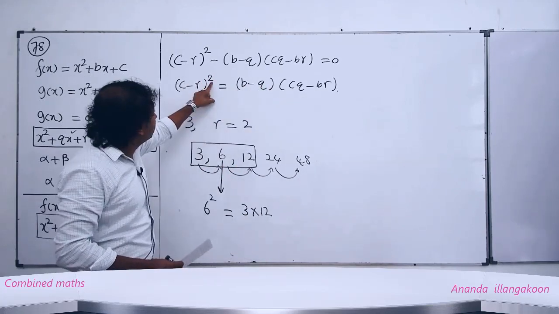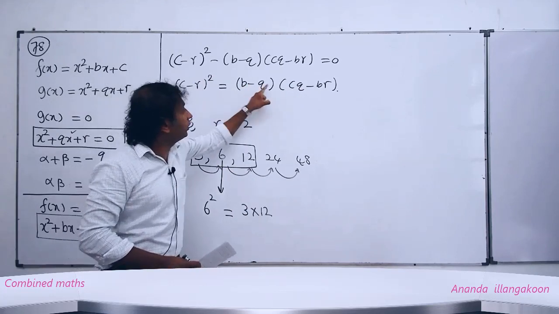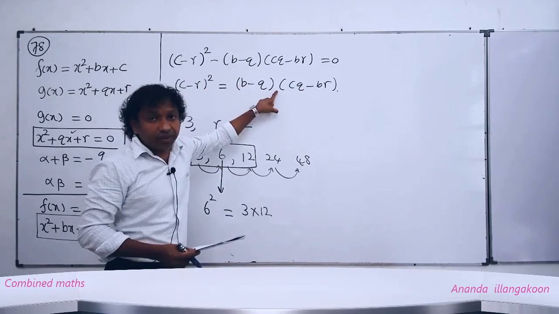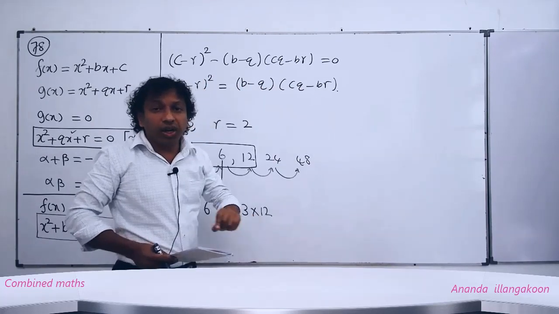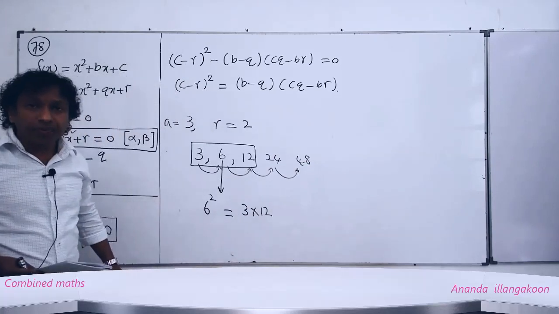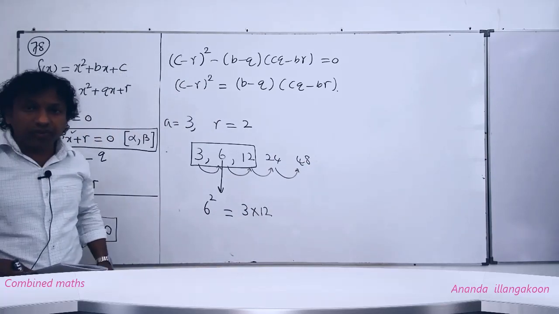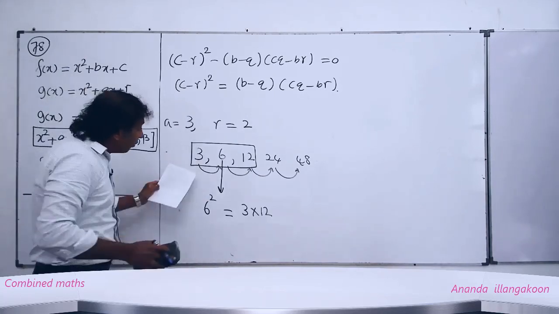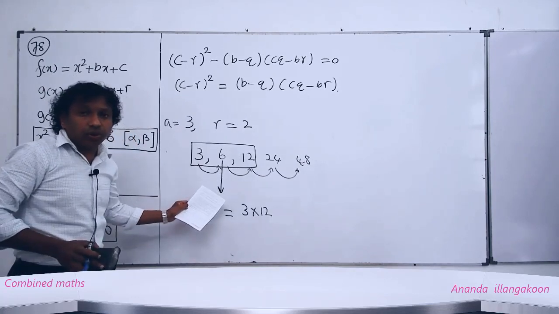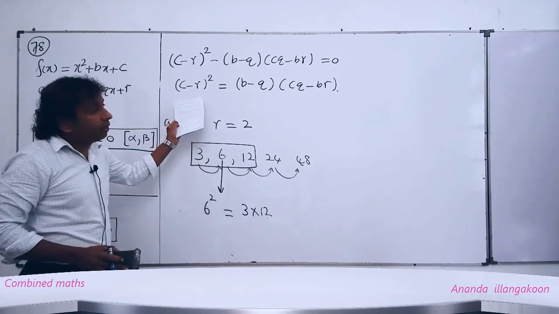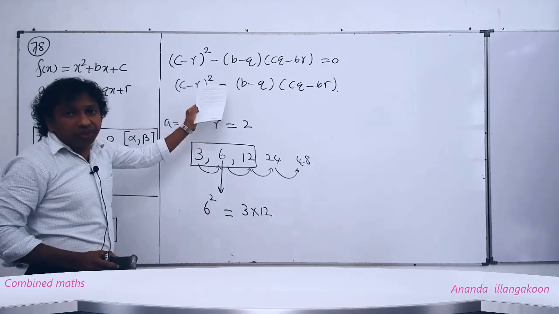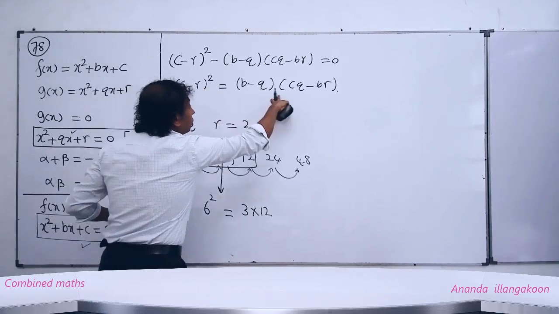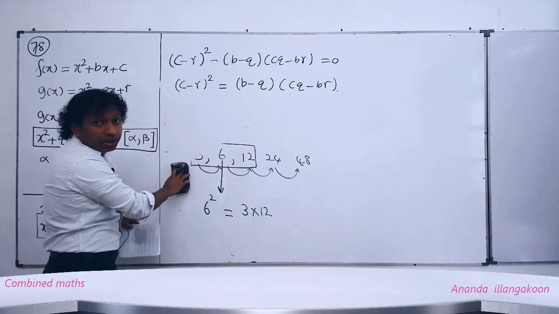Then without the square, this c minus r in the middle of these two, b minus q and cq minus br, should lie in a geometric progression. So clear, people, right? Then we can write it like this. People, no need to explain much more, because by observation we can see the perfect square of this is equal to the product of these two, meaning, people, coming without the square, this c minus r in the middle of these two, in that order, the three terms will lie in a geometric progression.